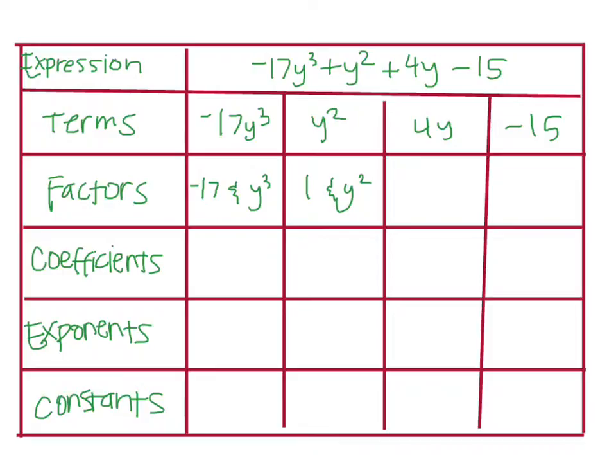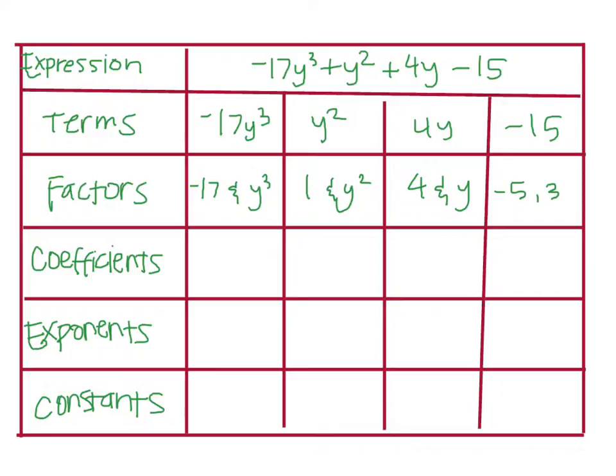Remember, there's that invisible 1 we can't see that's in front of y squared. Next, my factors of 4y are 4 and y. And then finally we have negative 15. We can keep that as negative 15, but I can also break that down to negative 5 and 3. We could break it down to the prime numbers that make up 15, or that multiply to give us negative 15.